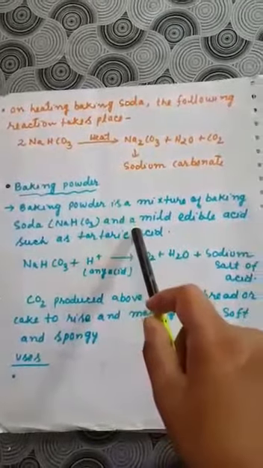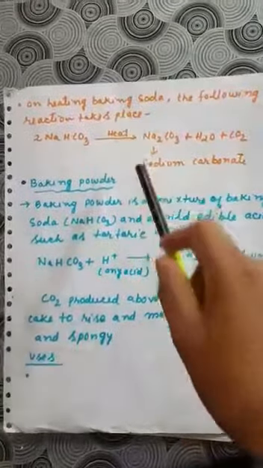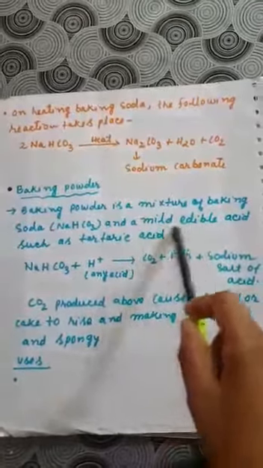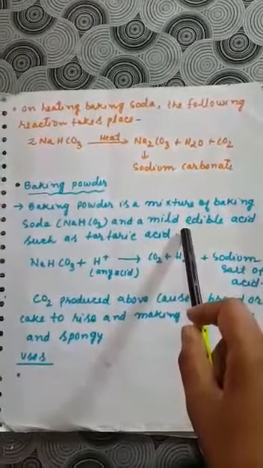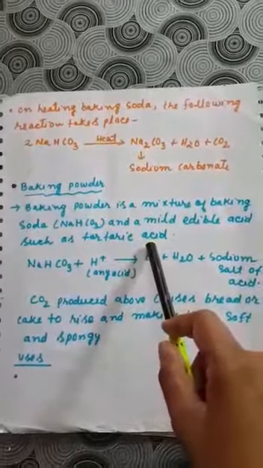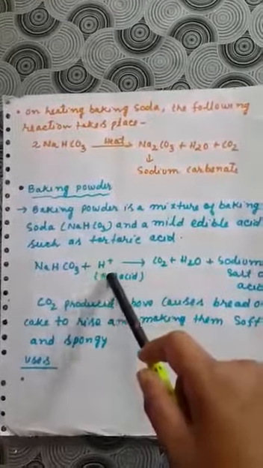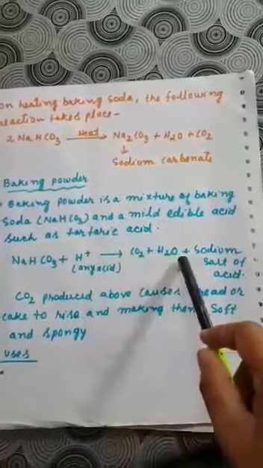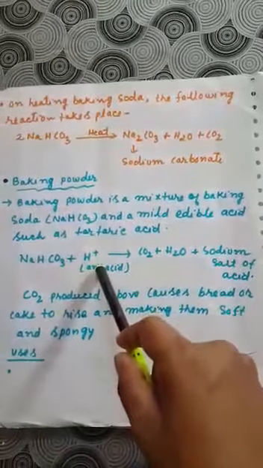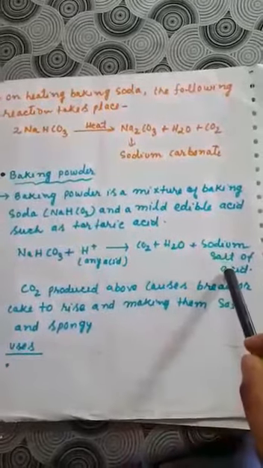Now what is baking powder? Baking powder is a mixture of baking soda and any mild edible acid. Mild edible acid means an acid that we can eat, like tartaric acid. So hydrogen ion will come from the acid and sodium hydrogen carbonate. This is the reaction. Whichever acid you take, on the basis of that you will get the sodium salt of the acid.